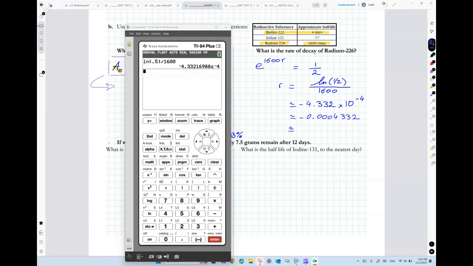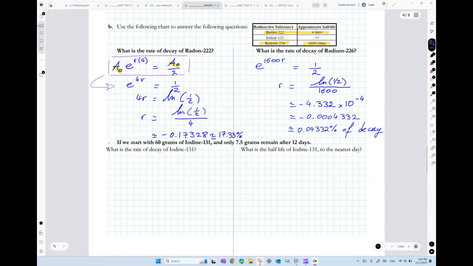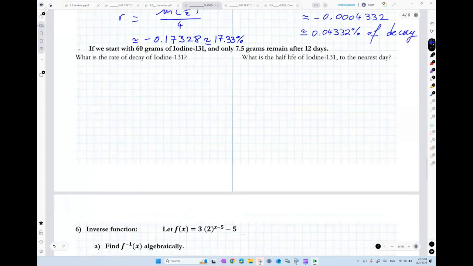And in percentage, that would be 0.04332 percent of decay. Next question.